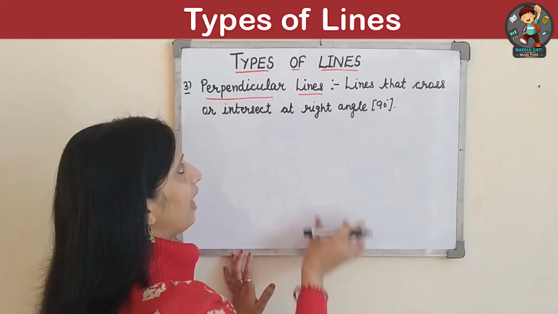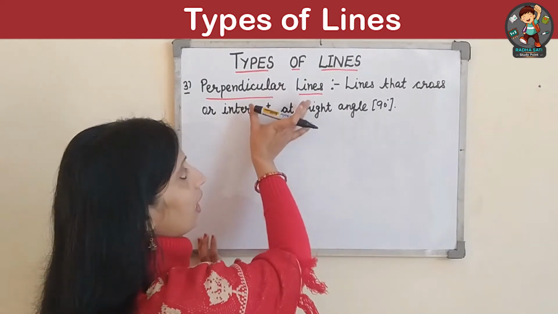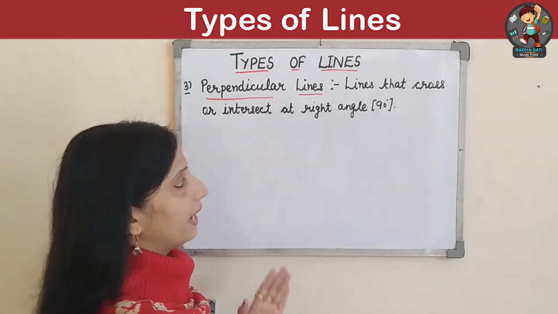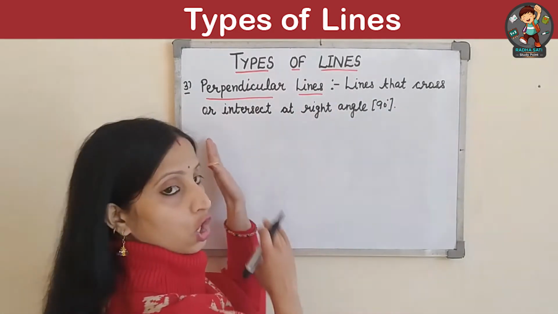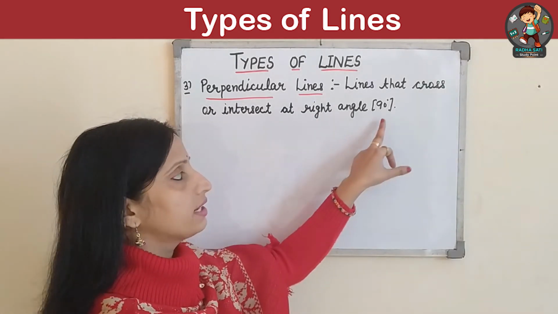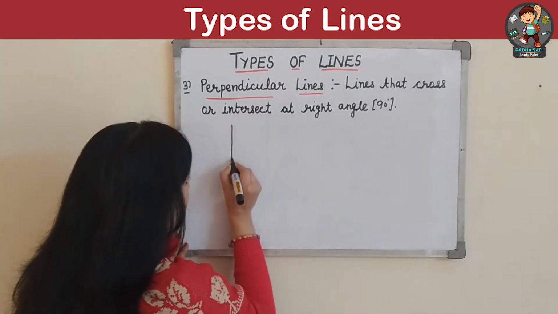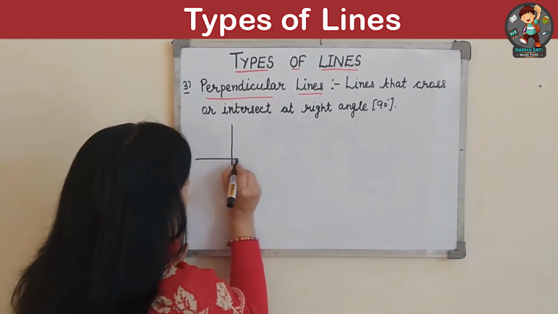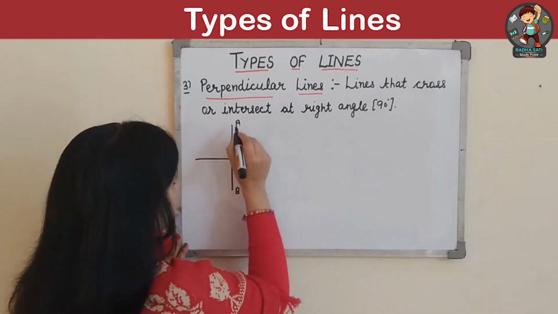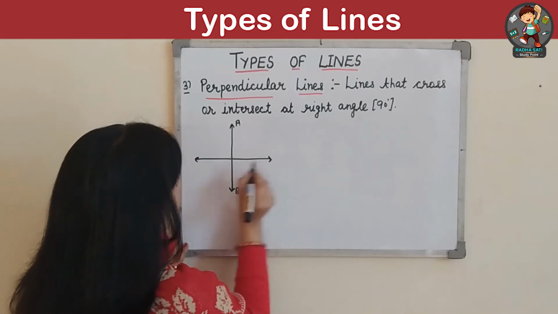Now the next type of lines are perpendicular lines. Two lines are said to be perpendicular lines if they cross or intersect each other at right angle or at 90 degree. For example, if this is a line AB, I am naming it AB, the symbol for line, and I am naming this line CD.